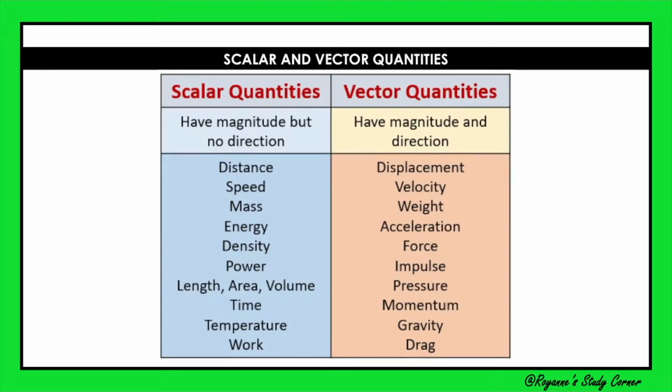Now, a vector quantity is a quantity that has both magnitude and direction. And these include all of these underneath here, including displacement, velocity, weight, all of these things. Meaning they both have magnitude, as in a size that we show by using whatever number it is, but only vector quantities have direction.